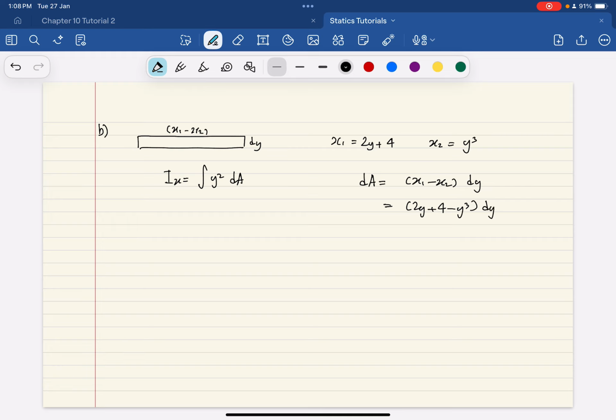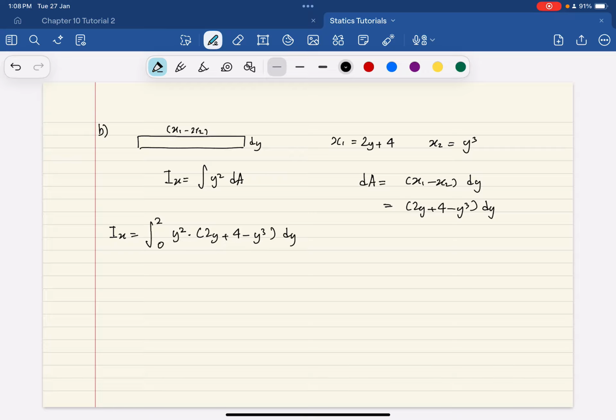Okay, so we already specified our element. Now we can easily do a moment of inertia, which is just the integral of our limits from 0 to 2. We just do y squared times dA, which is just 2y plus 4 minus y cubed dy.